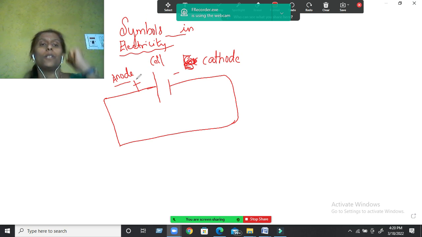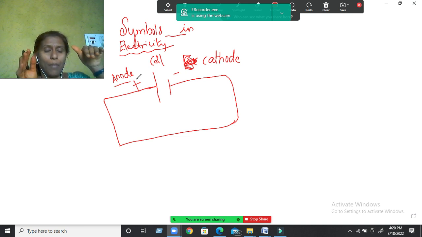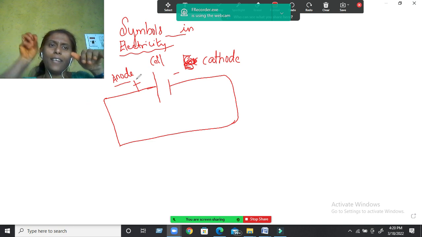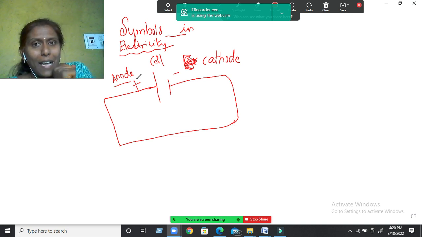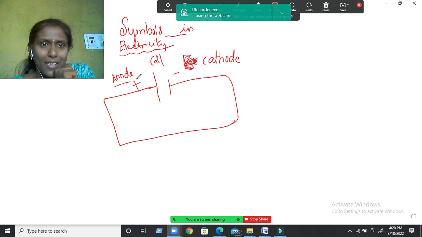And because it is a closed circuit, the electrons that came out somewhere have to go back inside, on the cathode side. So, another way of remembering: A is plus, C is minus, anode plus, cathode minus.